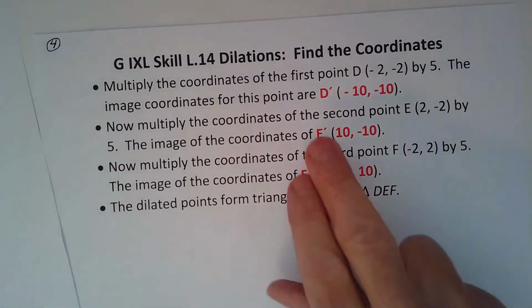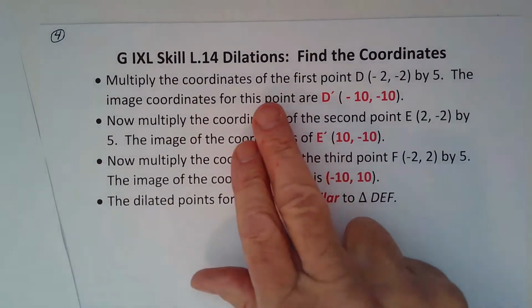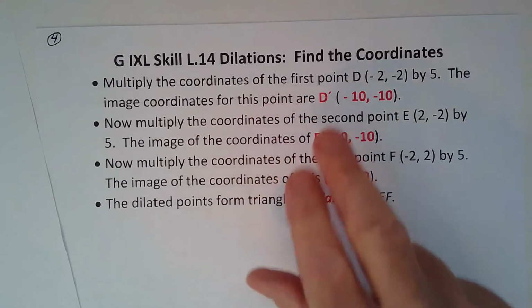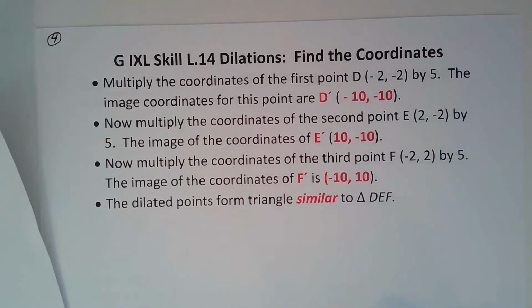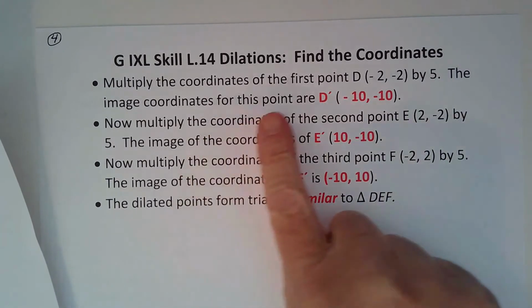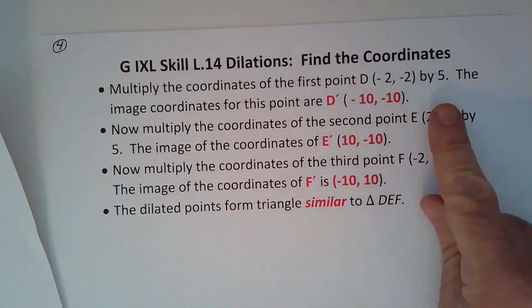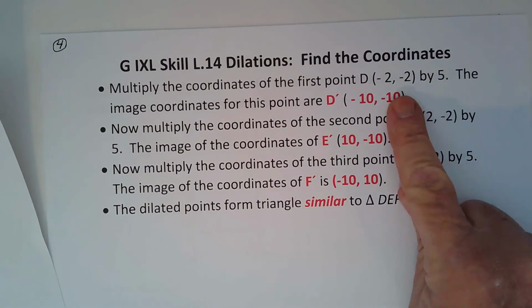So here we have the coordinates of triangle DEF, and we're going to start with D. Its coordinates are at -2, -2. Now, how do I know that?